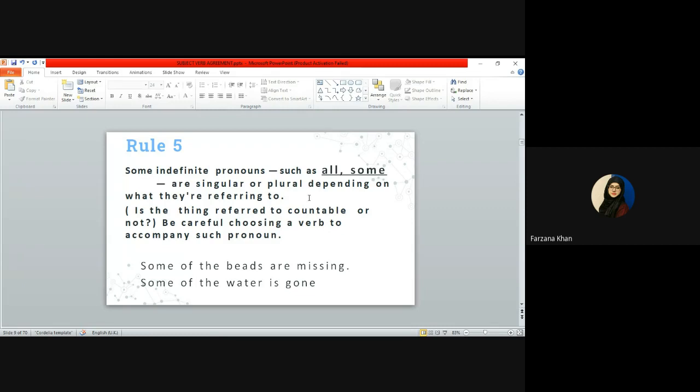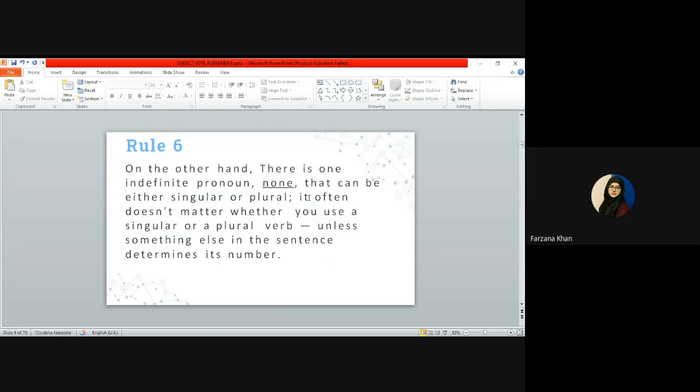If the noun is countable, then you will go for a plural verb. If the noun is uncountable, then you will go for a singular verb. And for one indefinite pronoun, which is none, you are free to use a plural verb or singular verb, unless something else in the sentence determines its number.